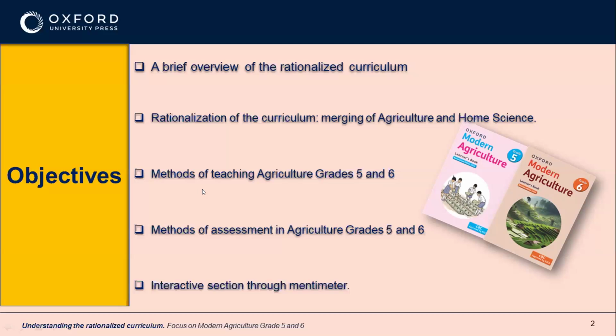And later, we shall talk about the methods of assessing learners and teaching in grade 5 and 6. Our key focus being, of course, agriculture grade 5 and 6. We shall have interactive sections along the way. I'm urging teachers to get used to this Mentimeter. I'll engage you in asking a few questions so that we make sure we are together.